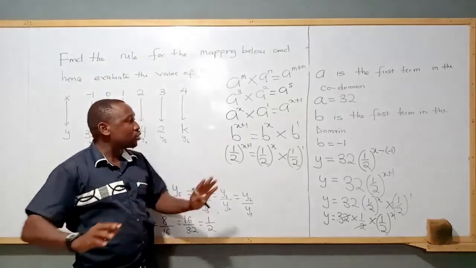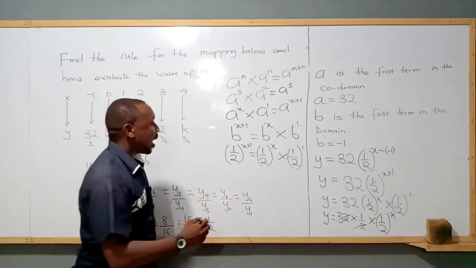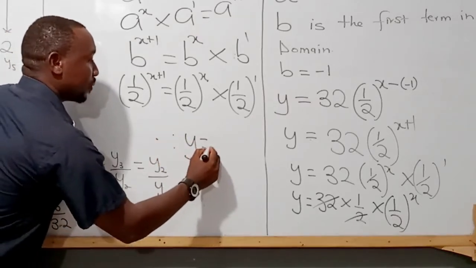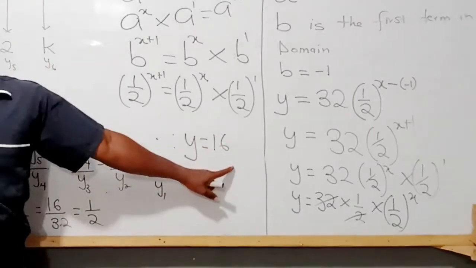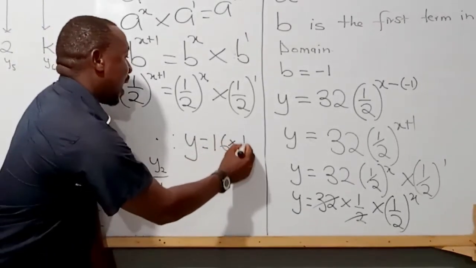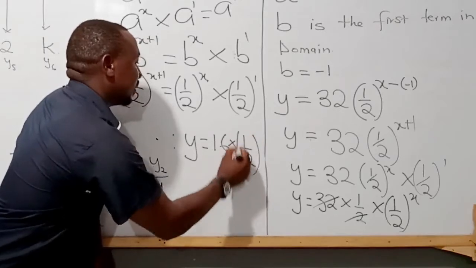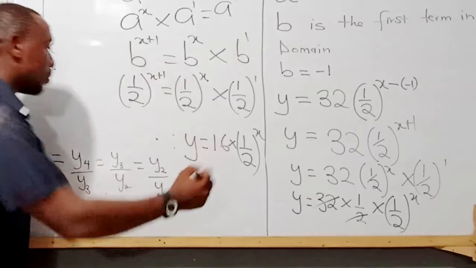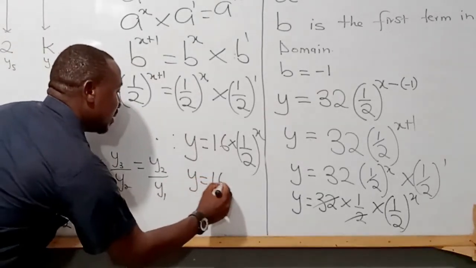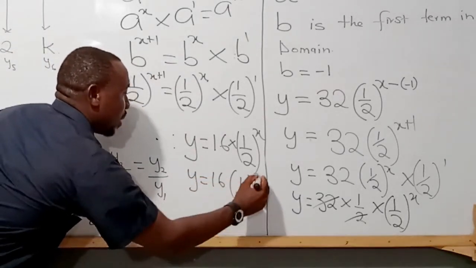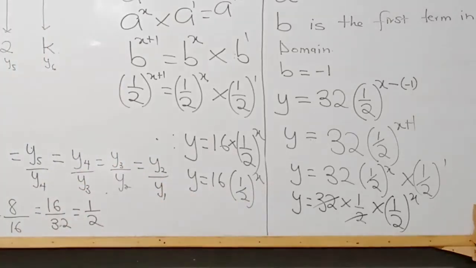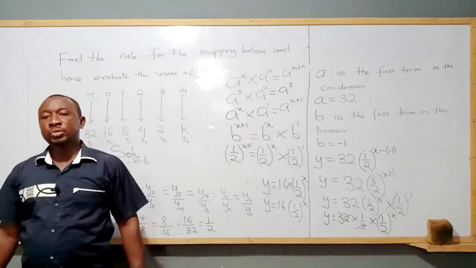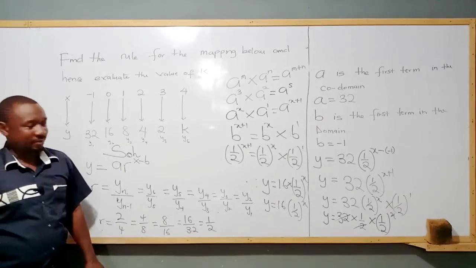So finally, the final rule can be written as y is equal to 16 times half to the power x, instead of leaving it in this form. Better still, y is equal to 16 half all to the power x. This can also be written as the rule for the mapping, and that is by the application of indices.